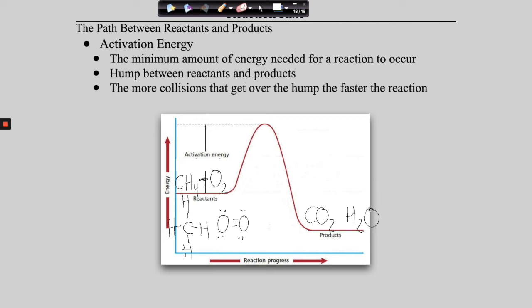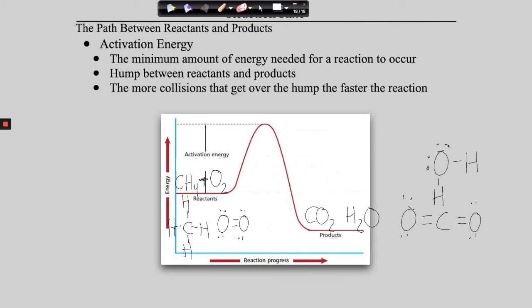But now, let's draw the Lewis dot structures for these. I'm going to write them off to the right. Carbon dioxide is a carbon double bonded to two oxygens, looks like this. And then obviously water is our good bent friend H2O.